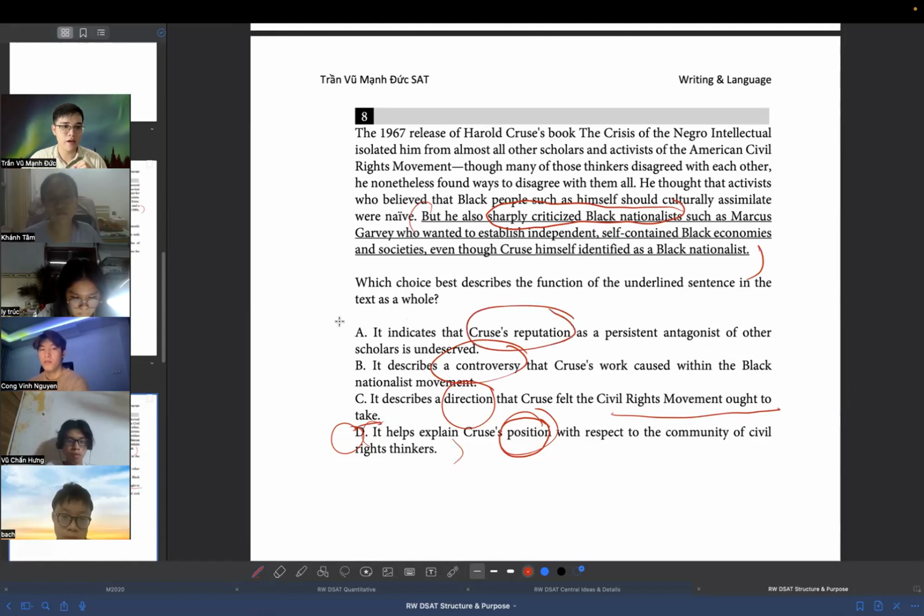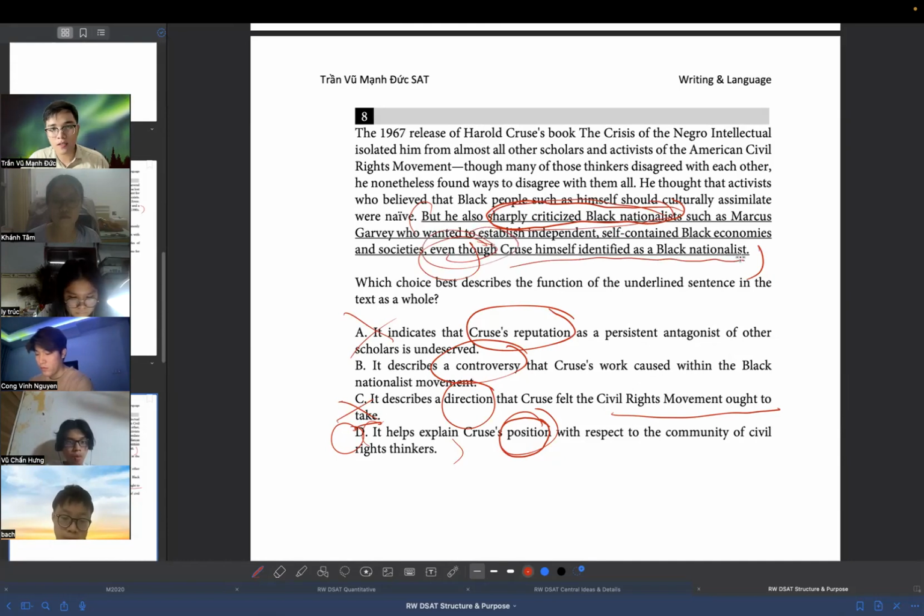So I'm going to cross out A first because it is the most apparent. Secondly, I'm going to cross out the controversy. Controversy it might be, but C is wrong because it doesn't talk about suggesting any direction the civil rights movement ought to take. How about B? Sharply criticize Black nationalists, even though this word is very tricky.